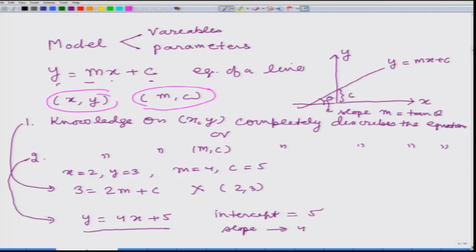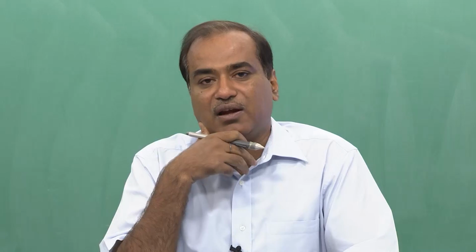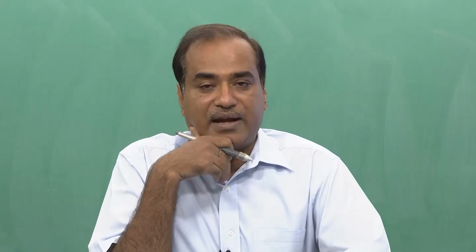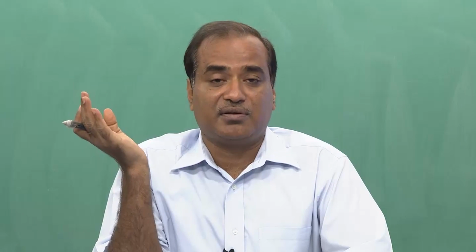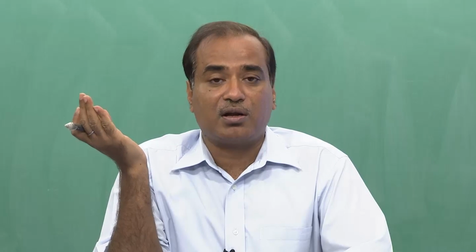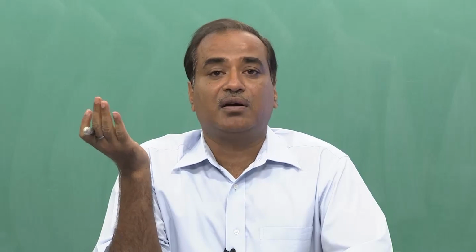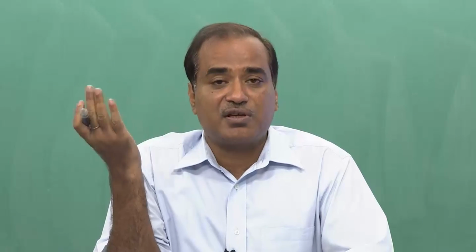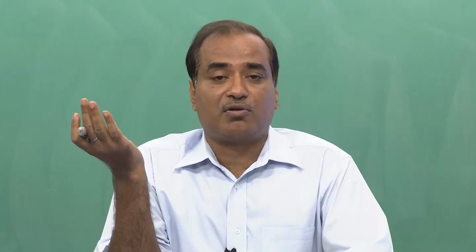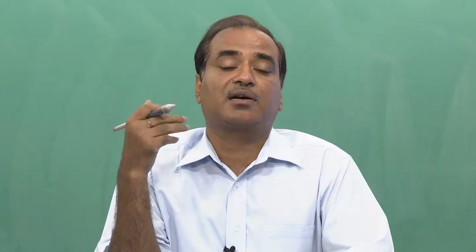So in layman's language, x and y are my variables and m and c are the parameters. Parameters are the components of a model which determine the entire equation, or in our language, parameters are the components of an equation which describe the complete model.